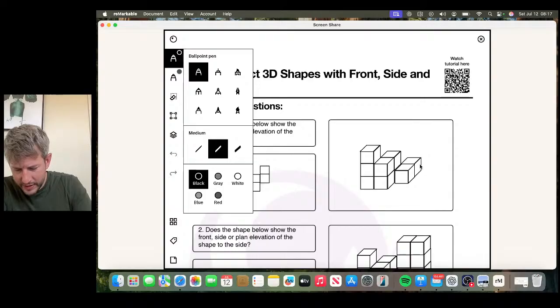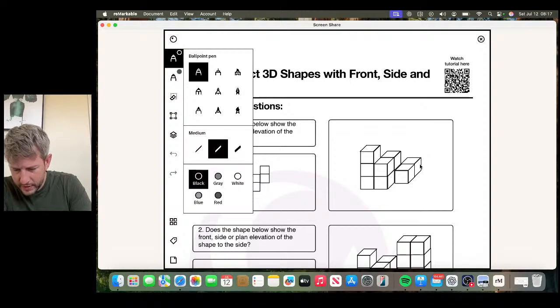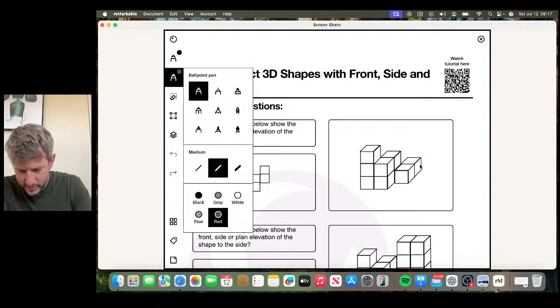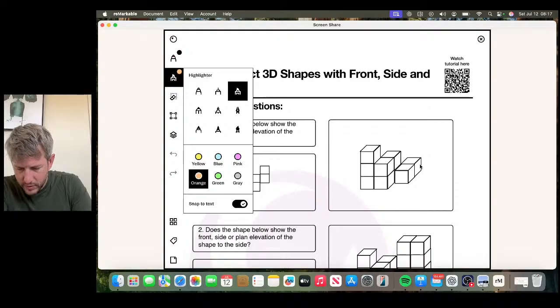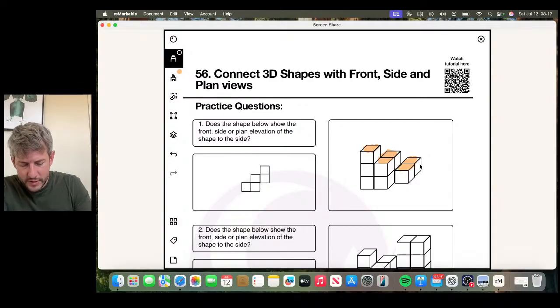I'll just quickly get my highlighter here with this one. Actually, no. One sec, I want to go back to pen. Okay, right, so if we look at these ones here, the plan is the view from above, so it's those. So this is plan.